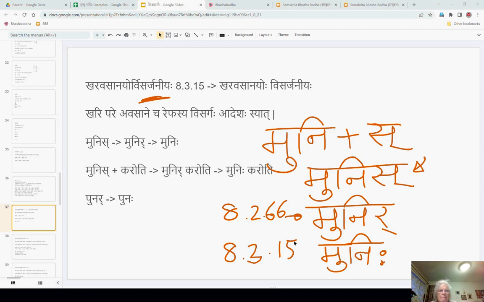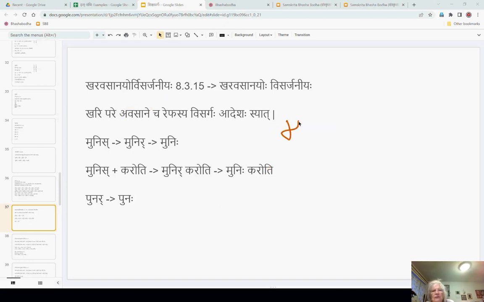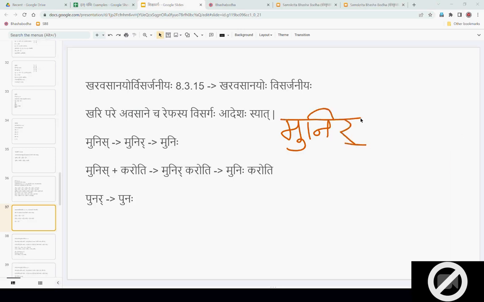So this is one condition, when Ra is at the end of a sentence. But what is the other alternate condition? There was a khar following it. So munis becomes munir because of this 8 to 66.